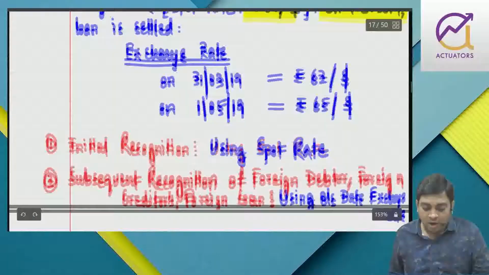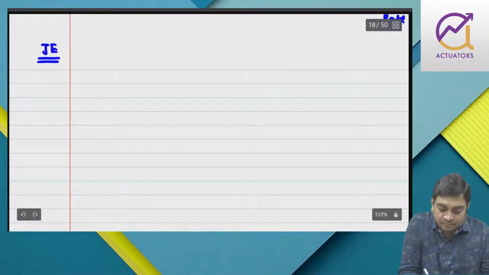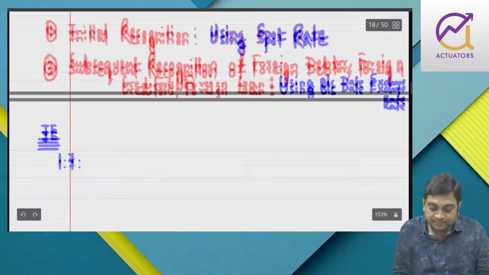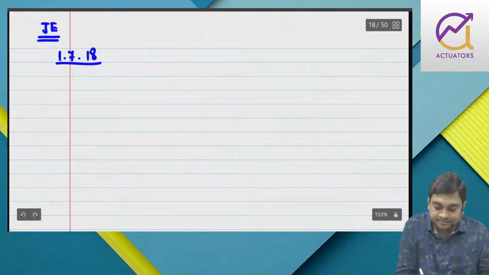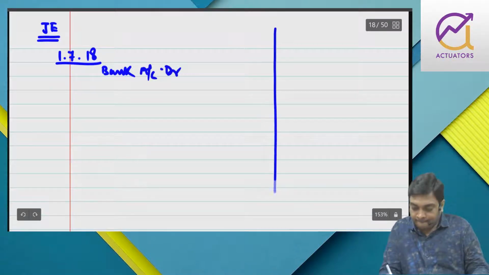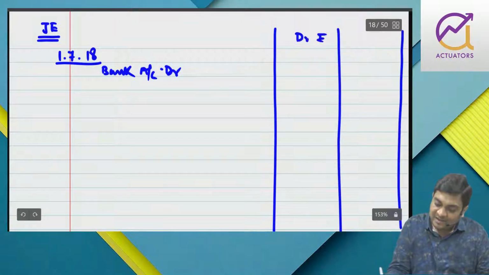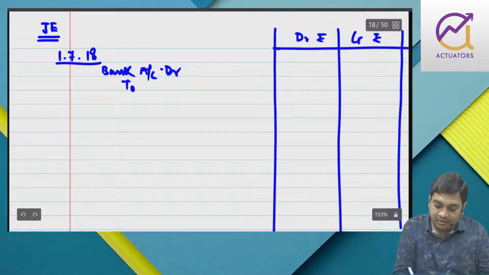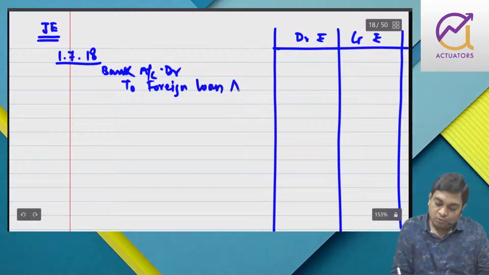Right? So how are we going to report that? Have a look. Journal entry on 1st of July 2018. So I've taken a loan. It will be reported in my Indian rupee bank account debit to foreign loan.